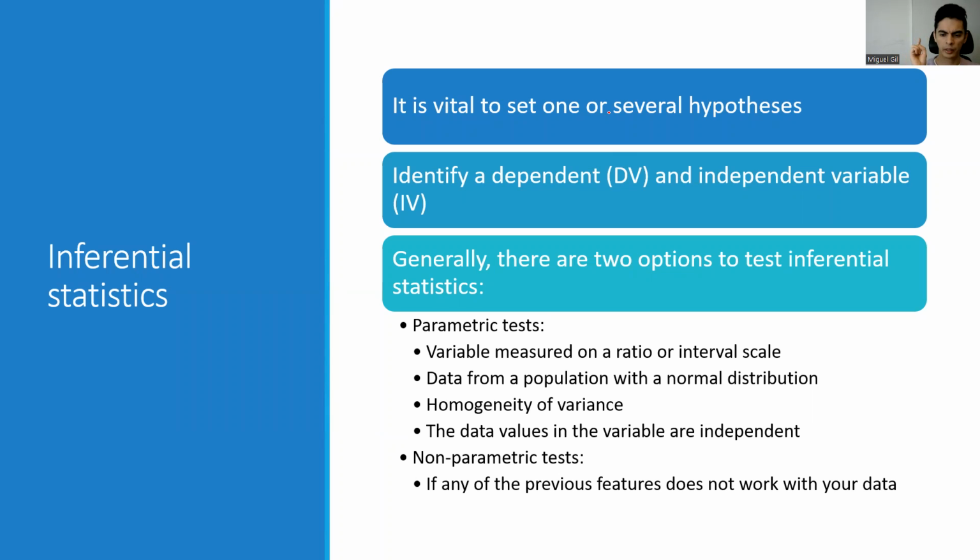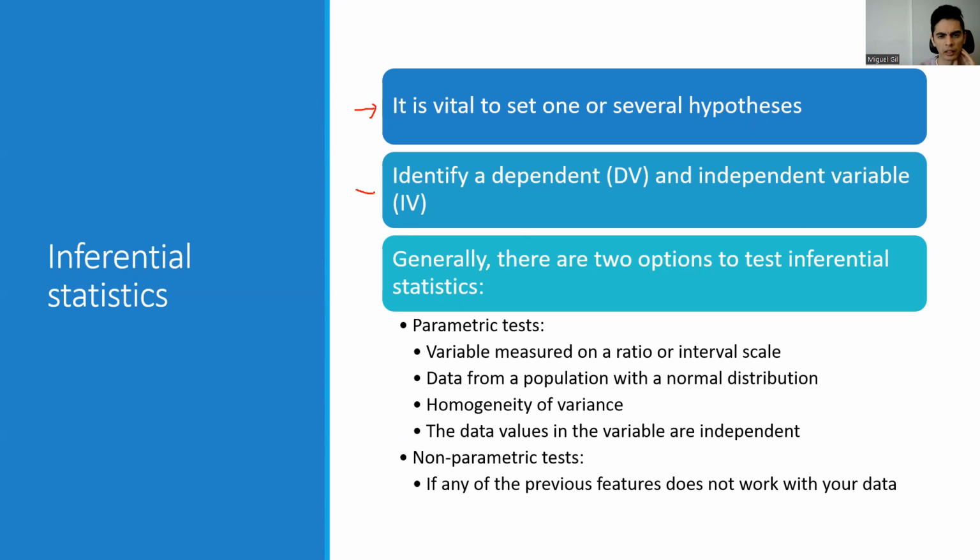You are focusing on analyzing one variable, either because you only have one or because you are analyzing all of your variables, but independently. But here it is not like that. Here you have at least two variables. So you should come with an idea of what will happen in that relationship. So first thing, the hypothesis. You should have a hypothesis from before.